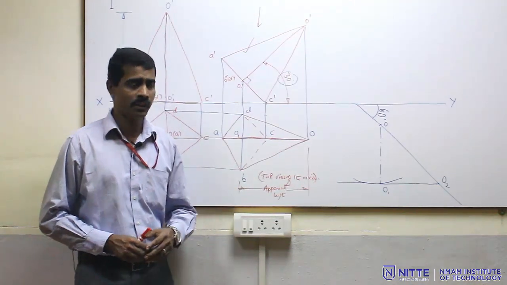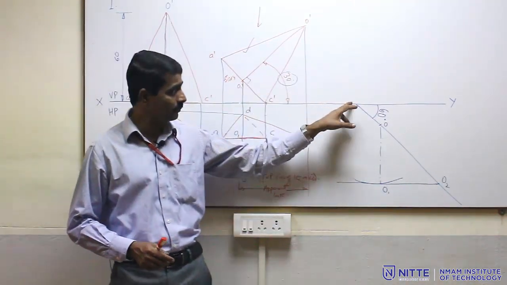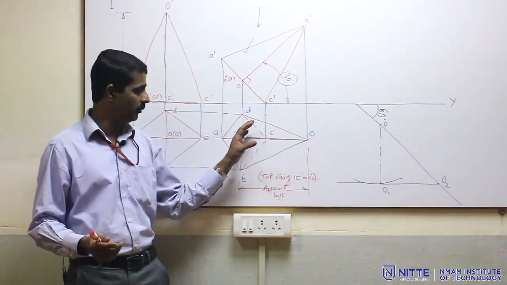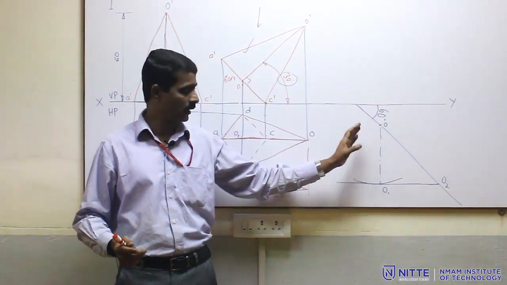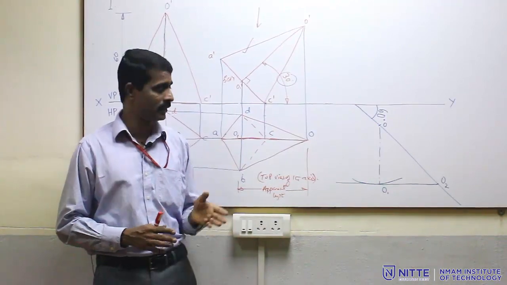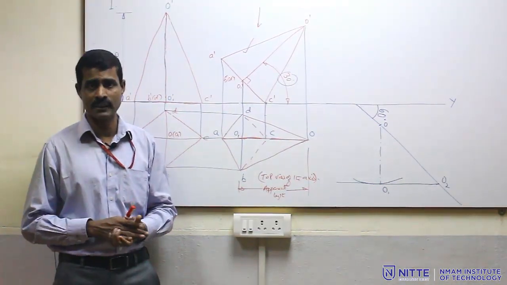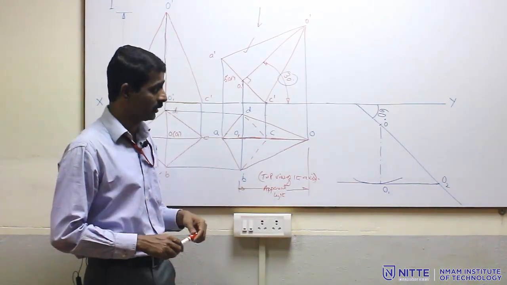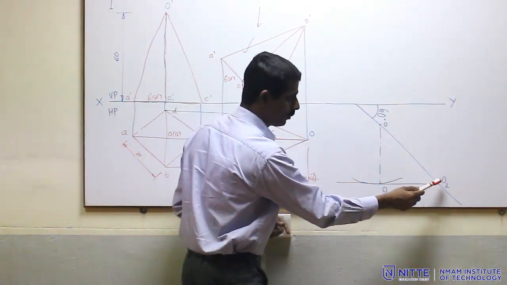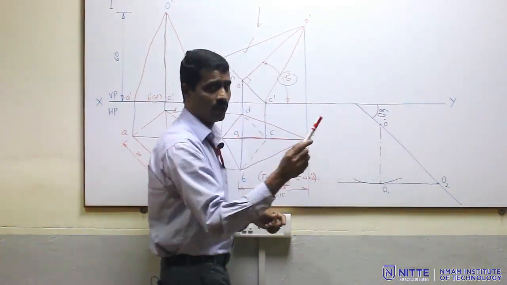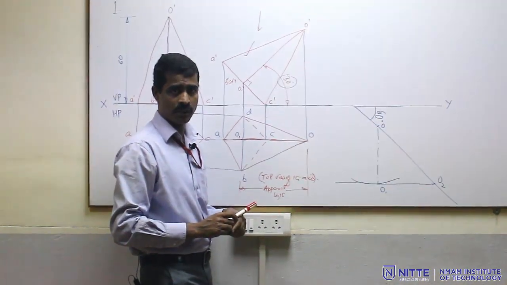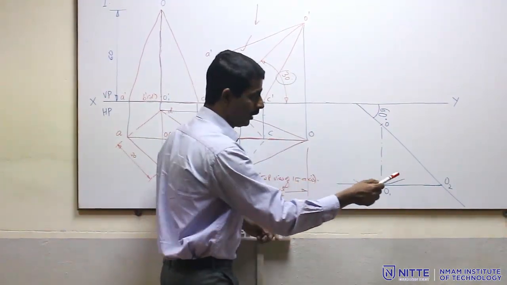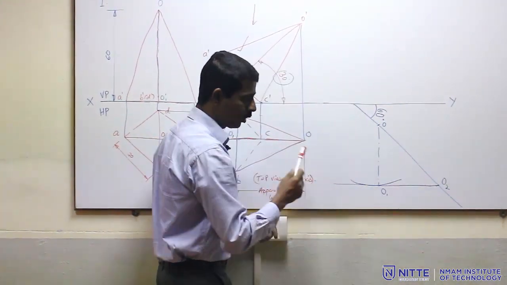Since the inclination of the axis given with respect to the VP was true, and this particular view is to be redrawn to the given condition with respect to VP, that is, the axis inclined to VP at 60 degree, we have done the beta construction. I repeat again, the beta construction is nothing but the true length of the axis taken at the true inclination, because the true inclination is given in the question. Then from any one point we can draw the locus.